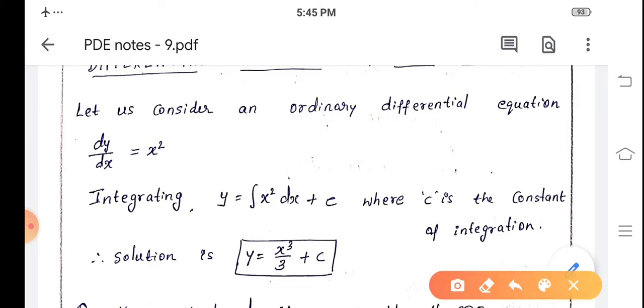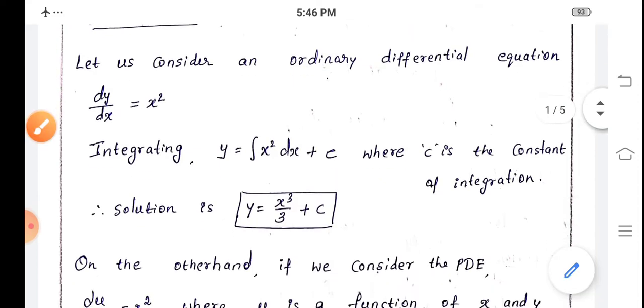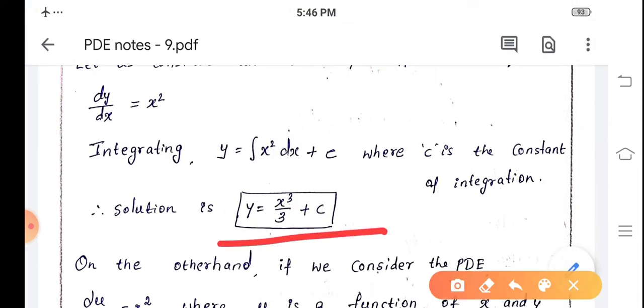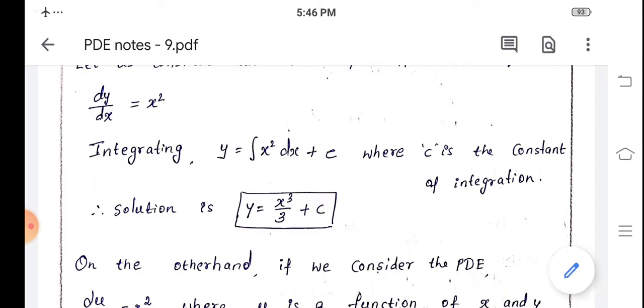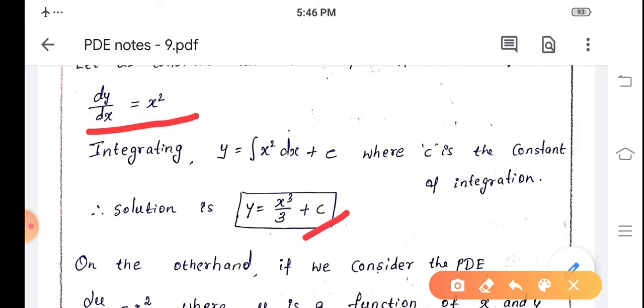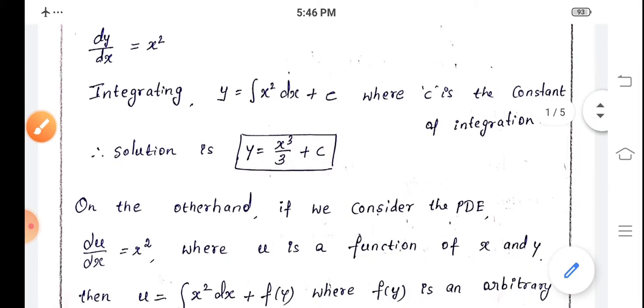On integration, we obtain y is equal to integration of x square with respect to x, that is integration of x square dx plus, after integration we take constant of integration, plus c. Now we are getting solution as y is equal to x cube by 3 plus c. This is a solution of ordinary differential equation dy by dx equal to x square.